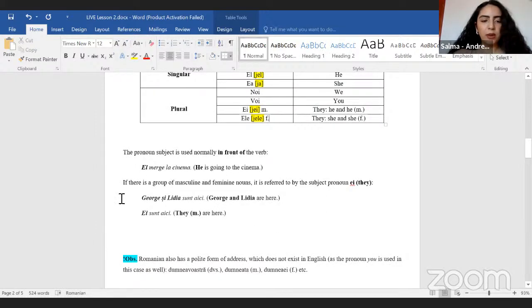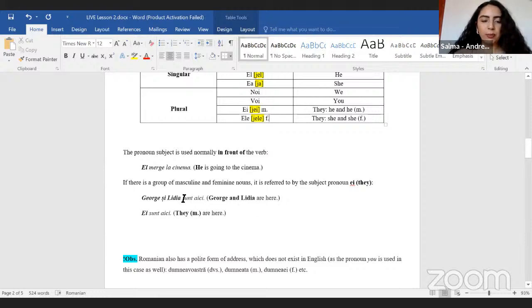All right, and here we have a note to remember that if we have a group of nouns which are mixed, meaning both masculine and feminine, we usually refer to them using the pronoun ei, which is normally used for masculine nouns. So for example, if we have George și Lydia sunt aici, George and Lydia are here.